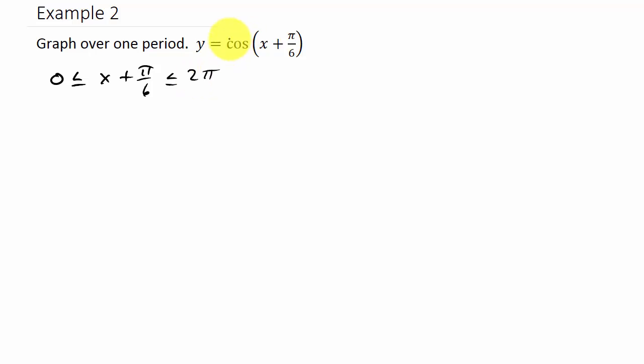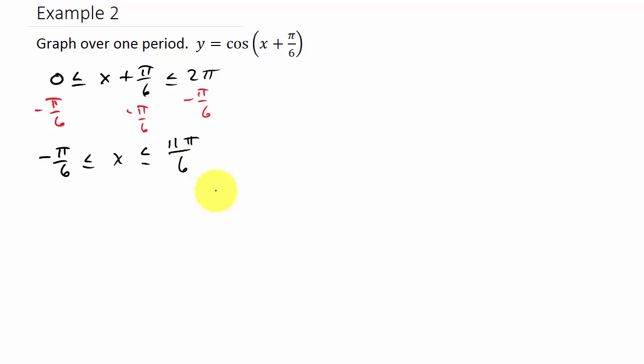Okay, so let's solve. I'm going to subtract pi over 6 from everything. And so that's going to give me negative pi over 6 less than or equal to x less than or equal to, and that will be 11 pi over 6, I believe.